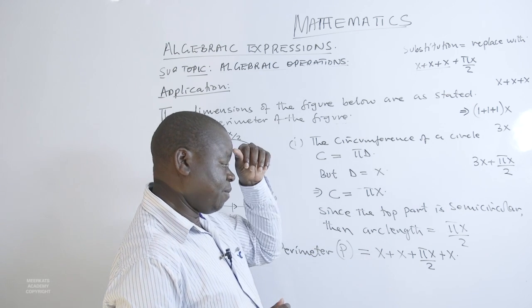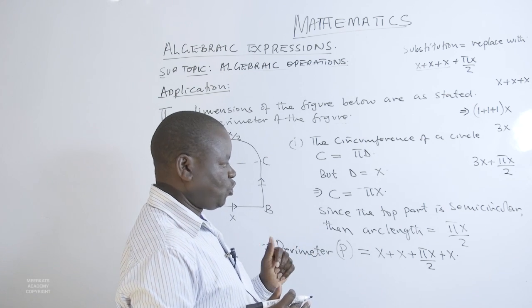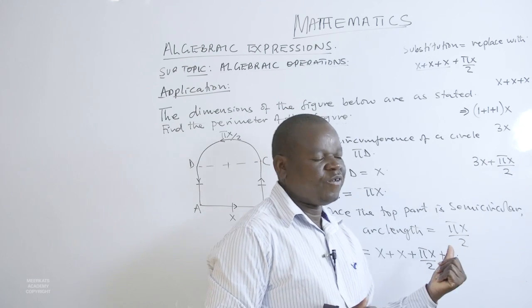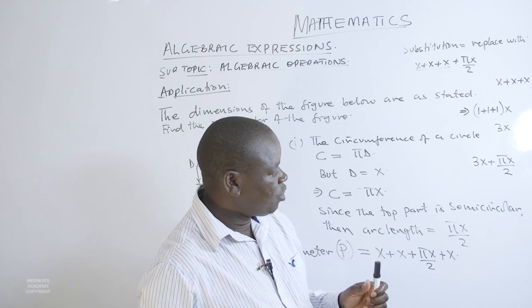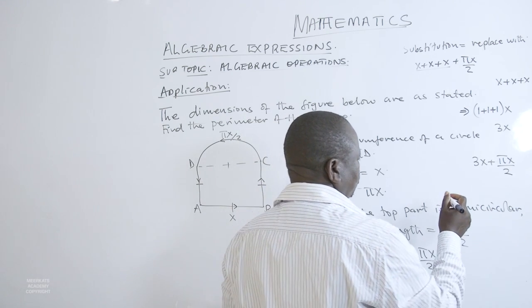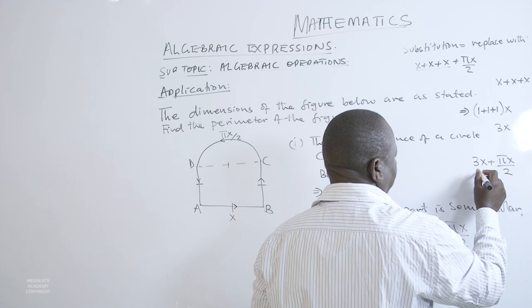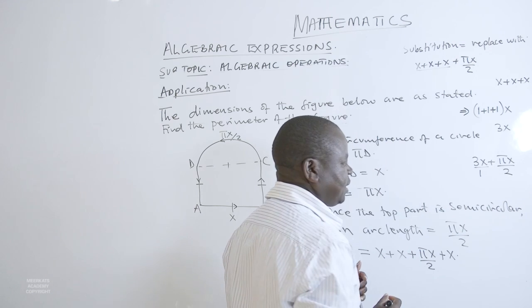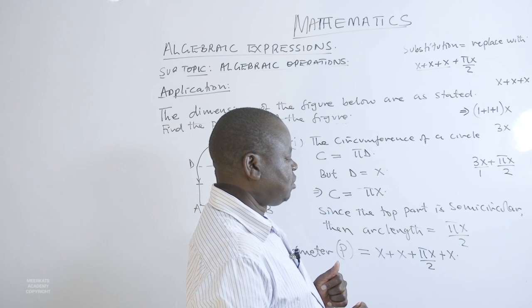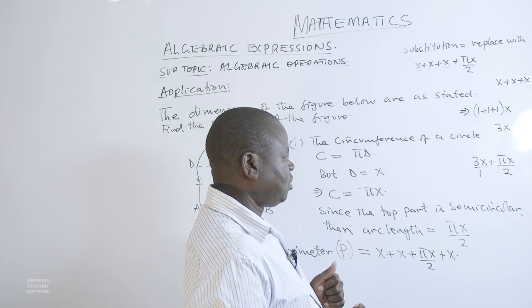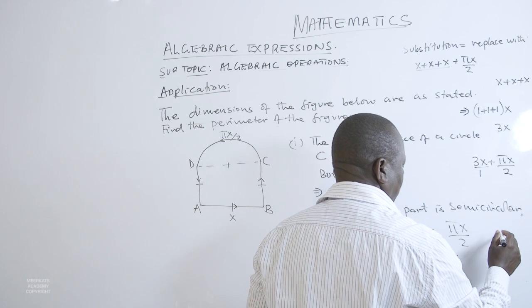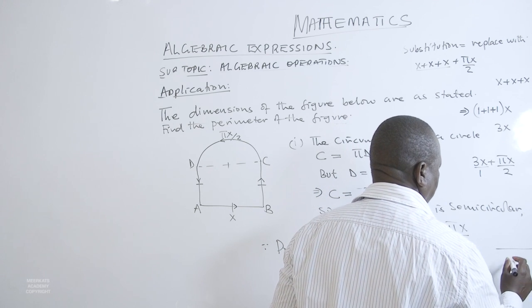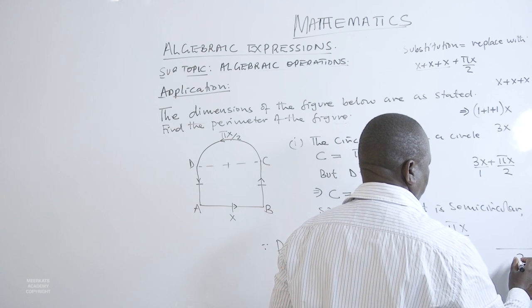We can leave it like that, but we are advised always to simplify as much as possible. So we can express it under a common LCM, so that the LCM of 2 and 1 is 2.